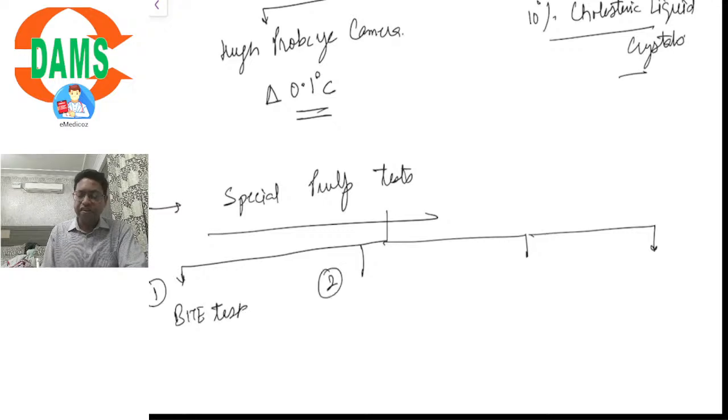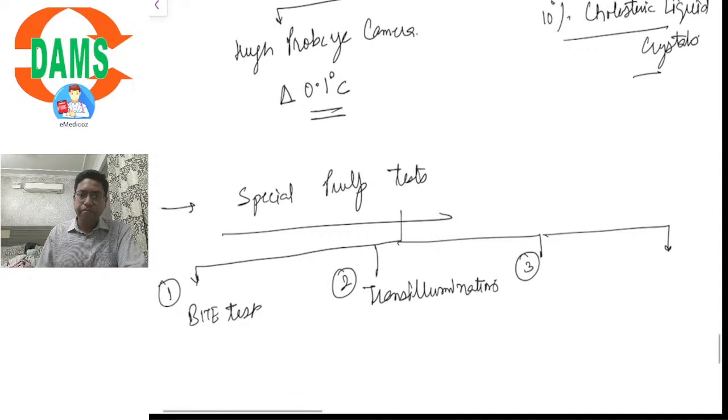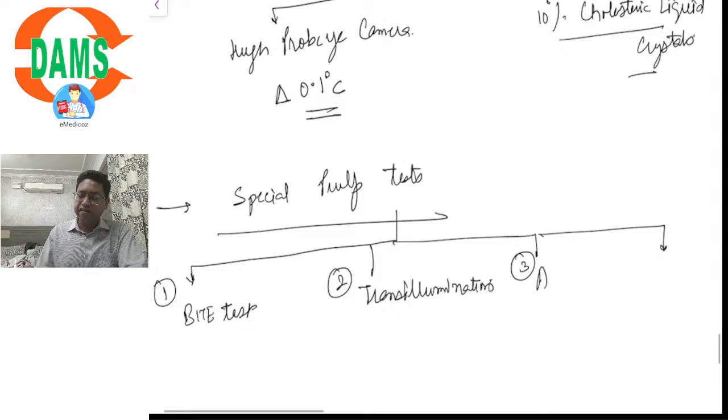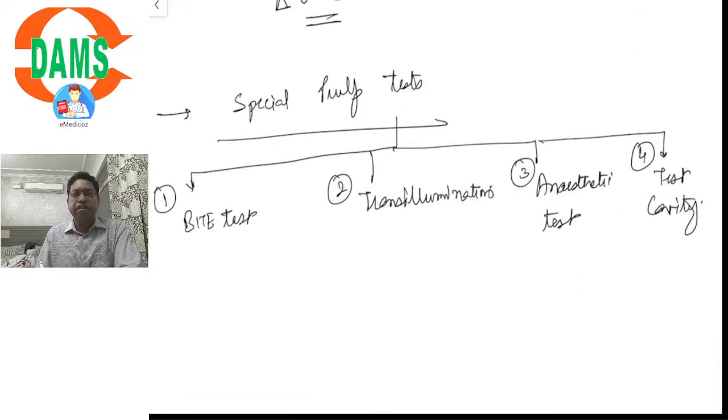The second is trans-illumination. The third special test is the anesthetic test. And the fourth special test is the test cavity. These are the four special tests of the pulp.